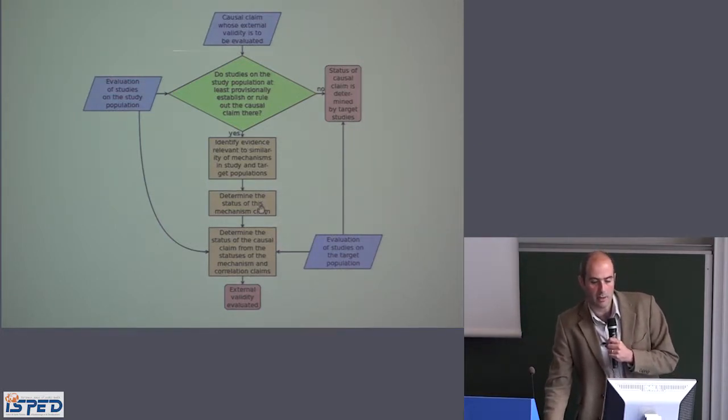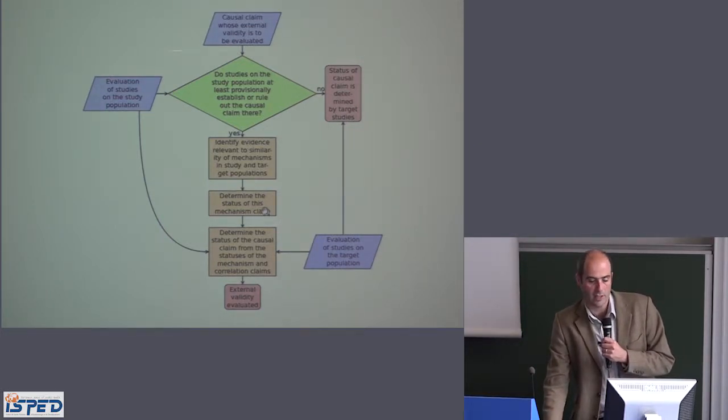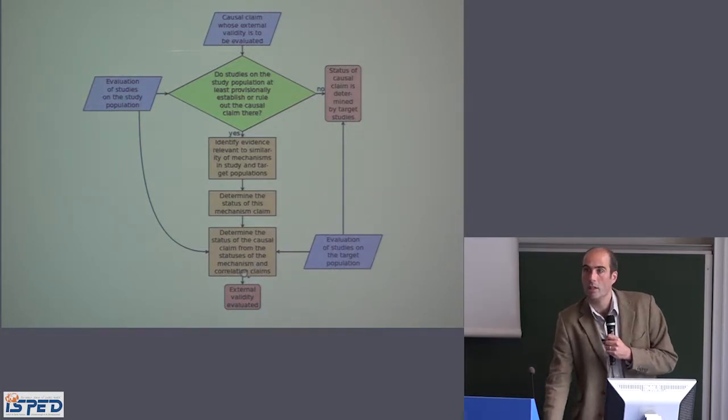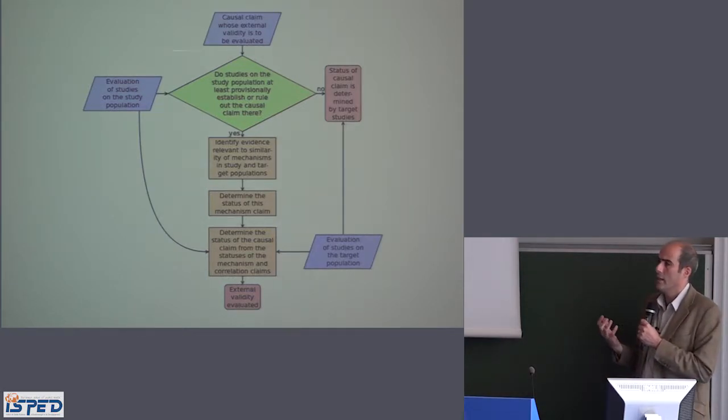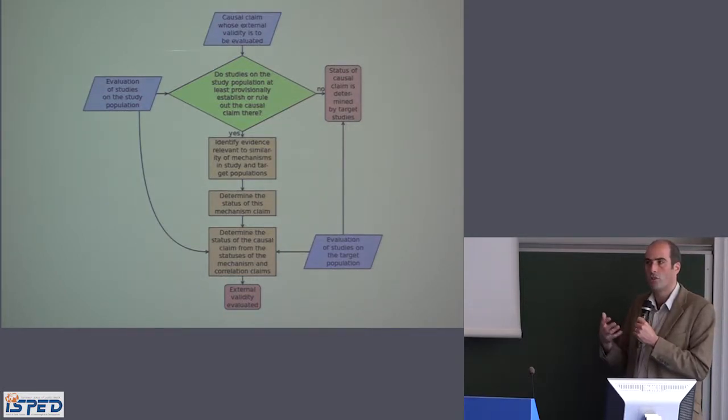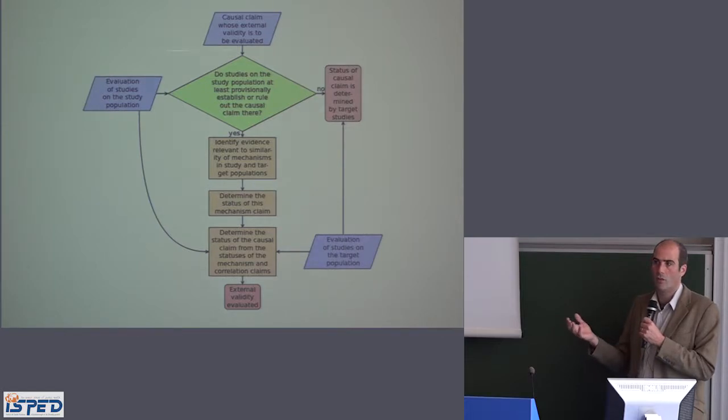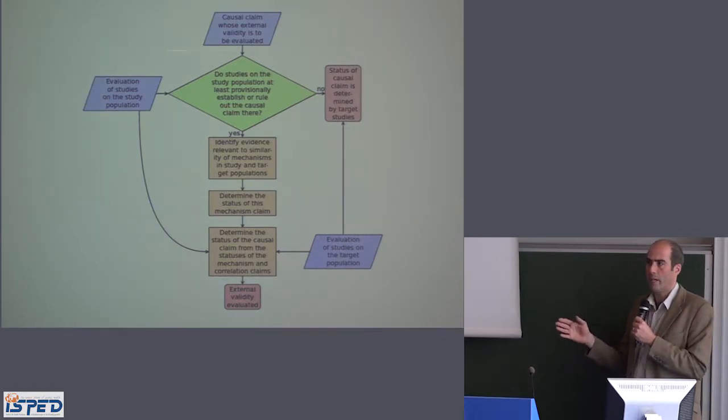And then you need to somehow evaluate the status of this mechanistic claim and then determine the status of the causal claim from the status of the mechanism and correlation claims. So if you like, what we've been trying to do in the handbook is systematize and provide a few heuristics for approaches that have been developed over the last few years in philosophy of science for mechanism-based extrapolation.